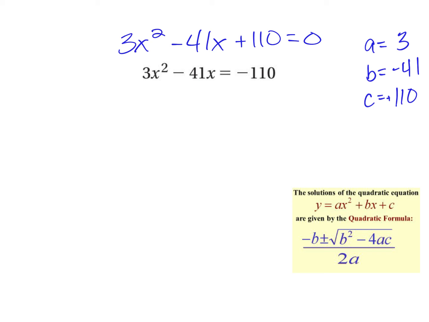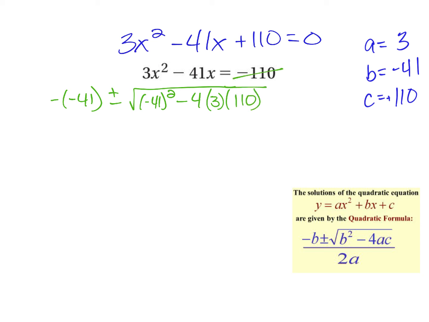So negative B, so this would be negative negative 41 plus or minus the square root of negative 41 squared minus 4 times 3 times 110. And it's positive. All over, crazy values, 2 times 3. Okay, here goes nothing.